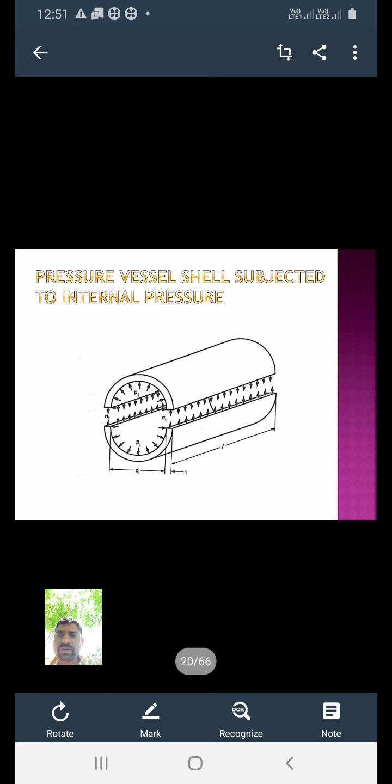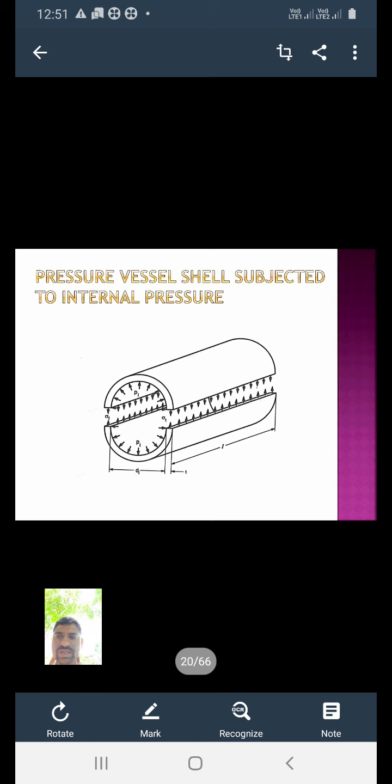The design of the pressure vessel shell is discussed under two different conditions. First, pressure vessel shell subjected to the internal pressure Pi, and second, pressure vessel shell under combined loading because of the weight of the shell and contents of the shell. Pressure vessels are subjected to the internal pressure Pi.